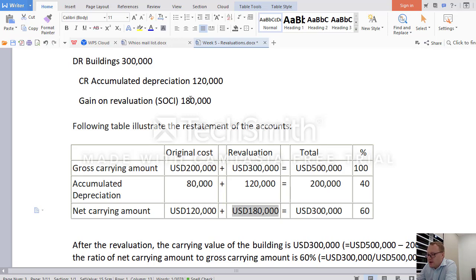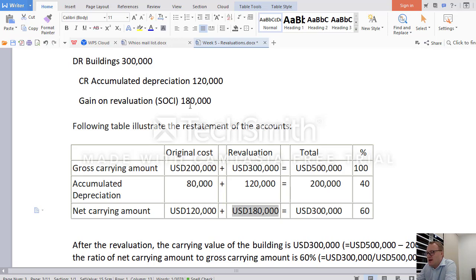It will include the normal profit from operations, but after you determine this net profit, you will have some extra lines at the end. And that's where you will put the gain on revaluation. So it would be put after you determine the net profit. Therefore, you cannot say that this 180,000 belongs to the income statement or profit and loss statement.